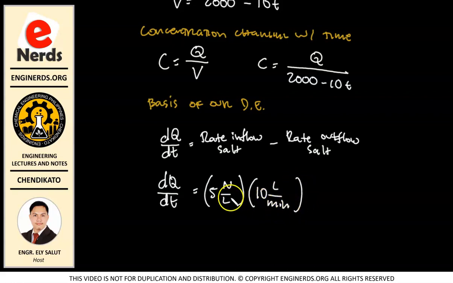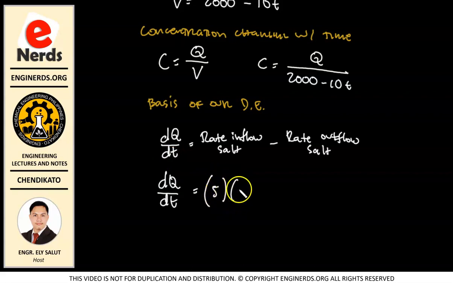So as you can see, makakancel yung ating liters. So we will have the amount of salt per minute. No? So that is why I said to get the salt per unit time, you just multiply the volume to the concentration. So we have 5 times 10 here. Hindi na natin isusulat yung ating unit.